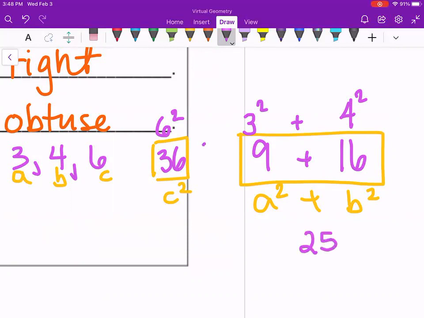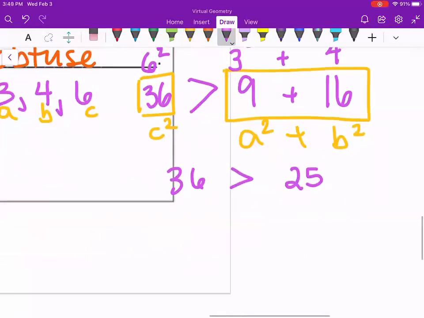So 36 is greater than 25, which means this triangle is obtuse. So you have to have C squared first.